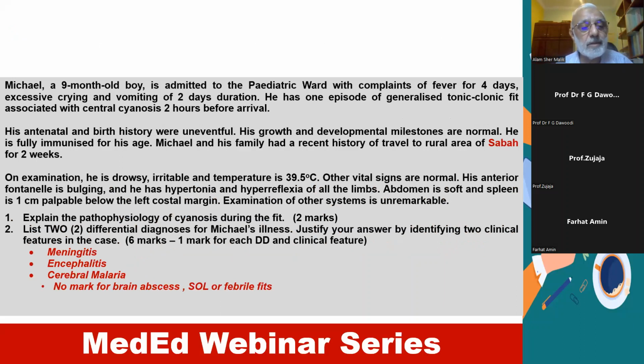Here is an example. There's a long scenario, and then the second question is: list 2 differential diagnoses for Michael's illness. Justify your answer by identifying 2 clinical features in the case. Acceptable answers based on the scenario are meningitis, encephalitis, or cerebral malaria.